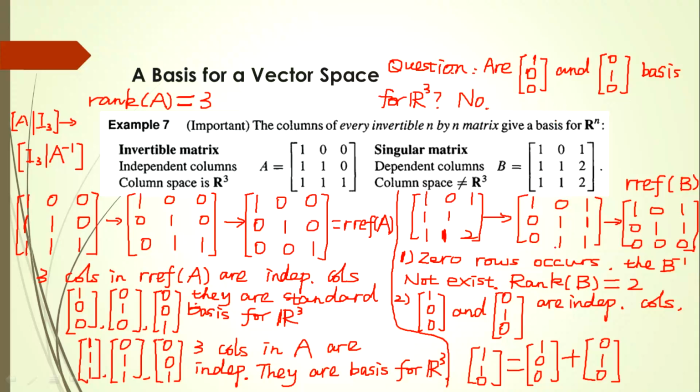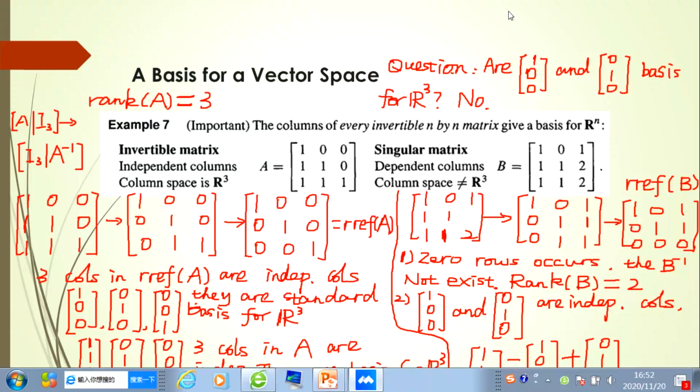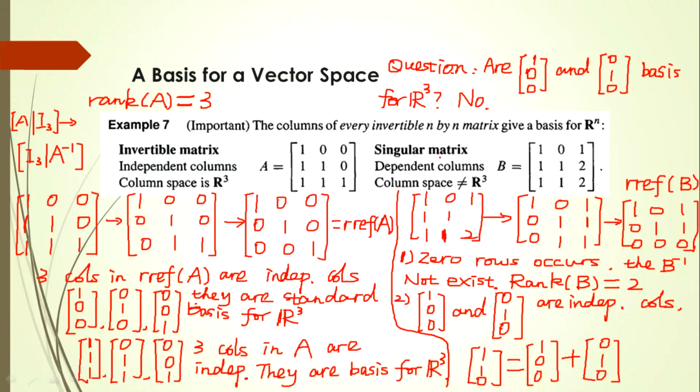So here, how can we describe this one? I couldn't find any space to write it. So those two columns are independent: 1, 1, 1 and 0, 1, 1.